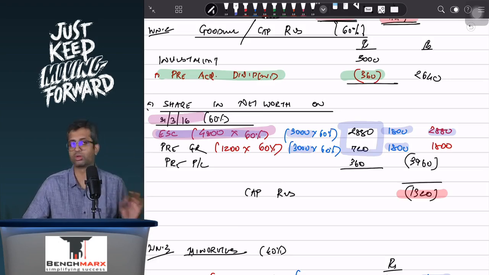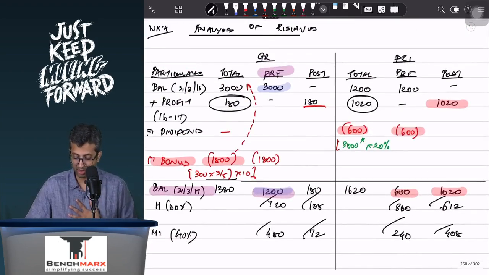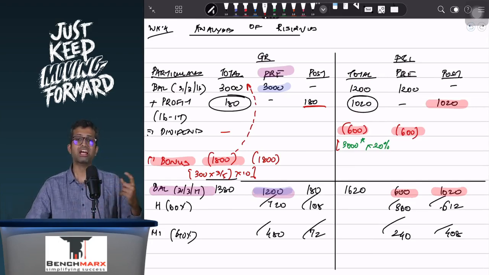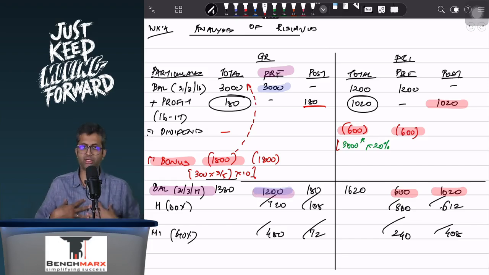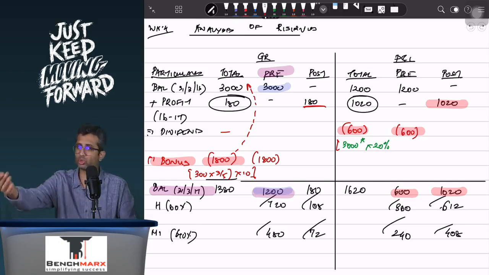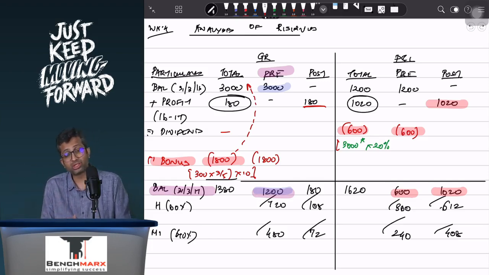The problem is, if the bonus was out of the post-acquisition reserves, then this 1800 over here would have been taken in the post column, for example. And if you subtract it from the post column, then my post-acquisition profits would have been lower. And hence there is an error in my understanding where your goodwill will be wrong, because you are then taking the share capital of 4800 into 60%, and then you are also taking the general reserve of 3000 into 60%.